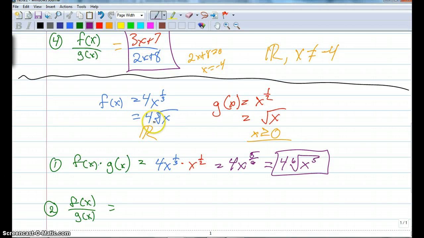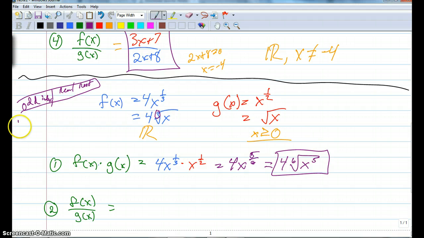Let's talk about when it was an odd index. Our answer was all real numbers, because remember back from 7.1, if we have an odd index, there's always going to be one real root.